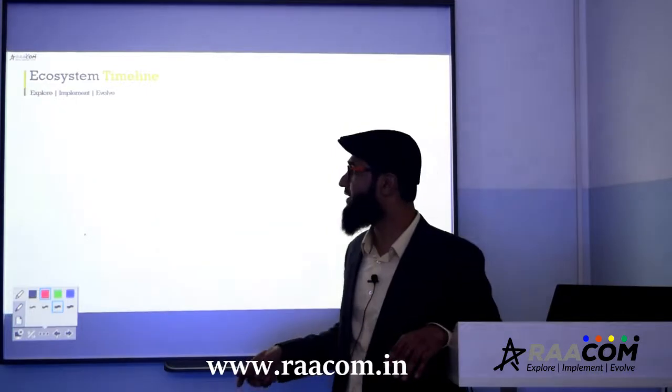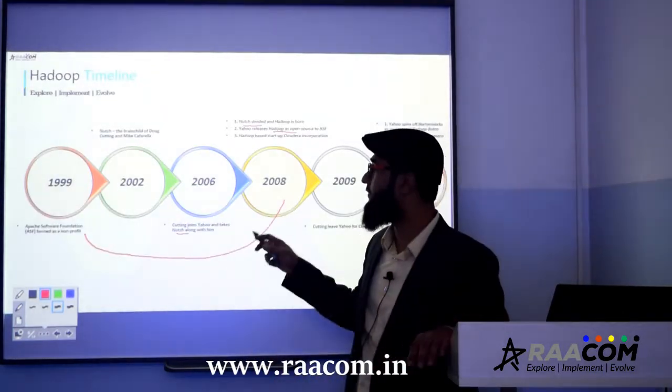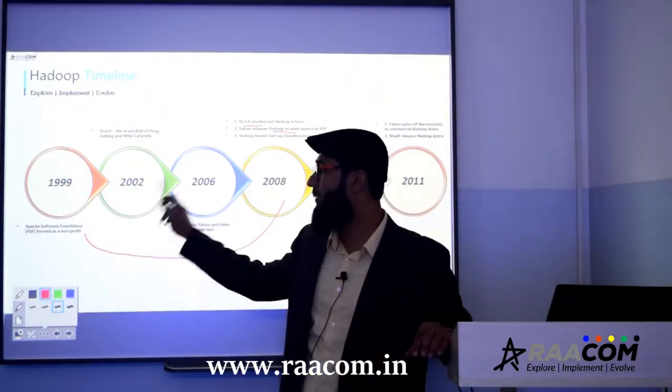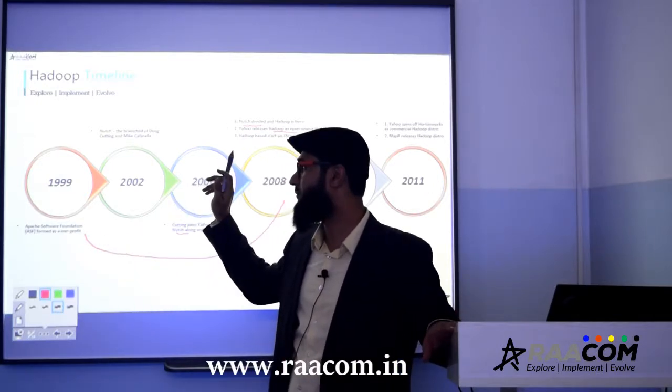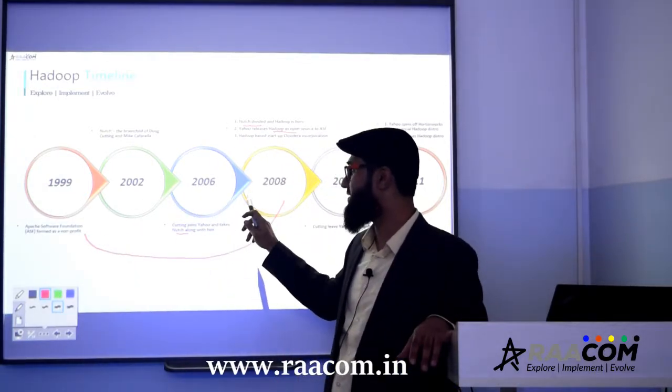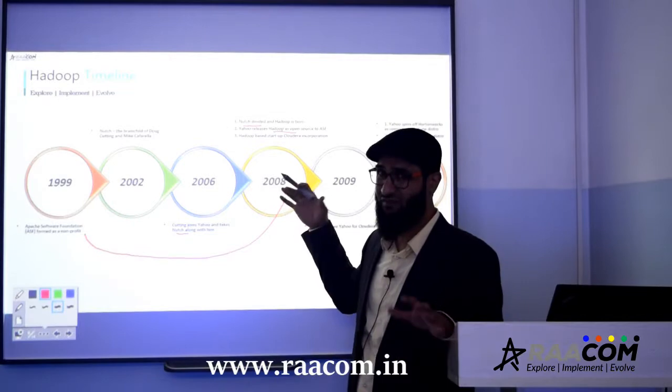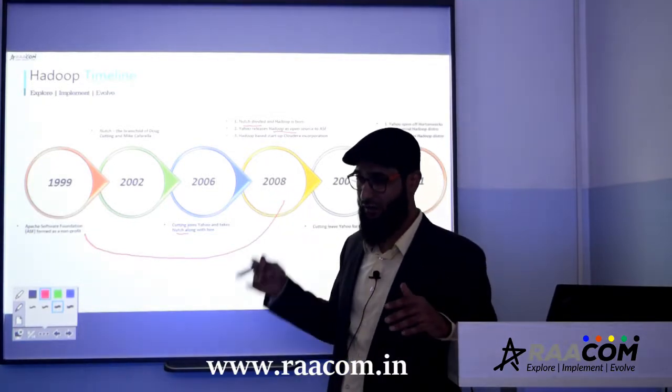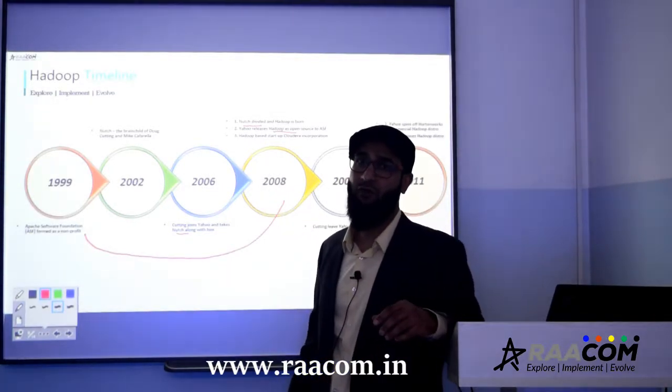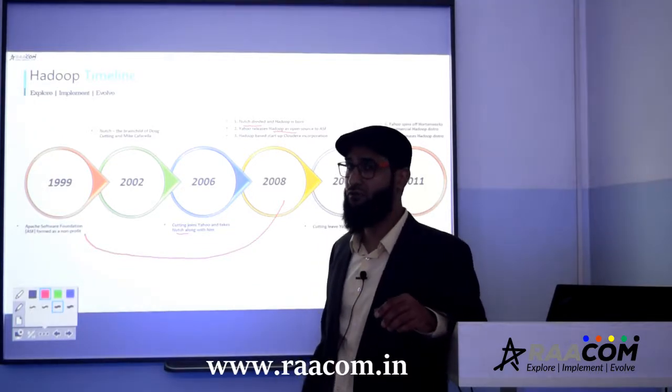So there were movements, right? There were movements of Douglas moving from Apache Software Foundation to Yahoo in 2006, and 2008 was a core year where Hadoop was made available for organizations to start using.